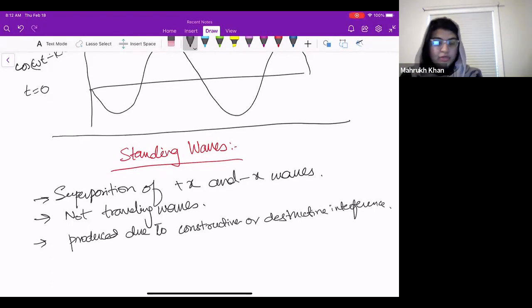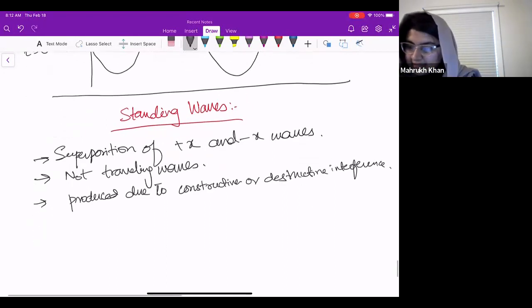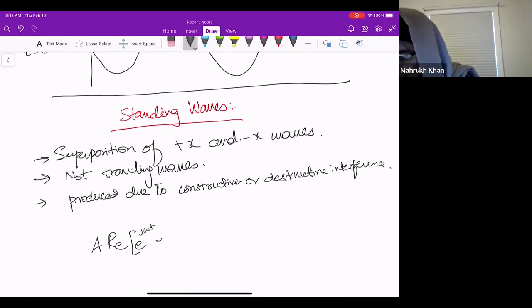Okay, so I want to write some mathematical form of standing waves to see what they are. Let's say I have the plus x wave as real part of e^{j omega t} e^{jkx}, plus a real part of e^{j omega t} e^{minus jkx}.